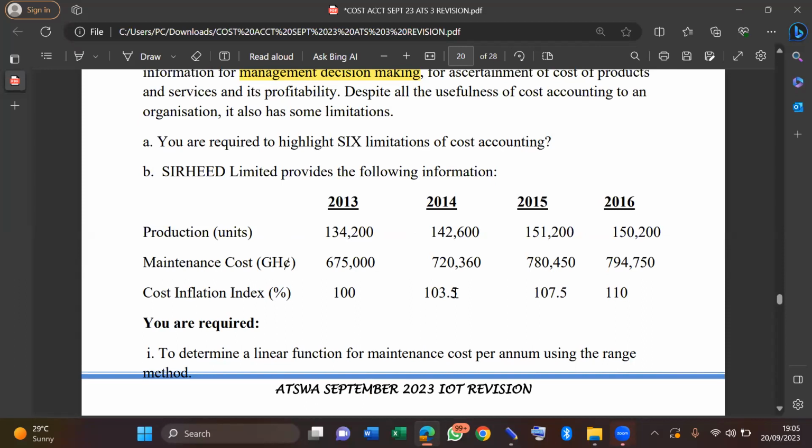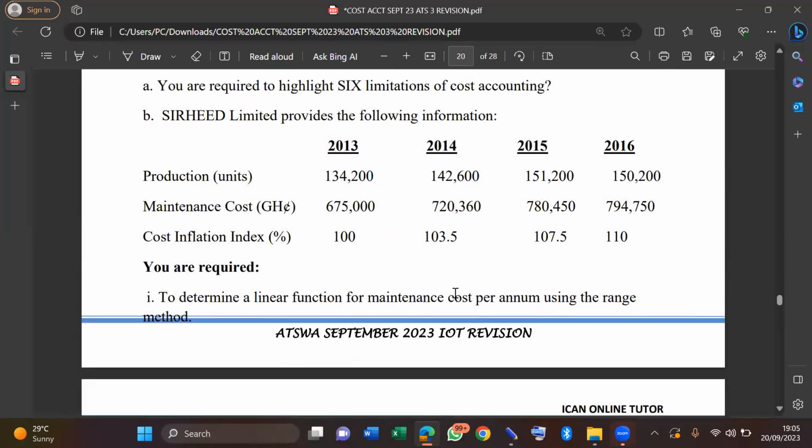Side Limited has production units for 2013, 14, 15, and 16. Maintenance cost is 675, 723.60. Cost inflation is 100 for 2013, 103.5 for 2014, 107.5 for 2015, and 110 for 2016.